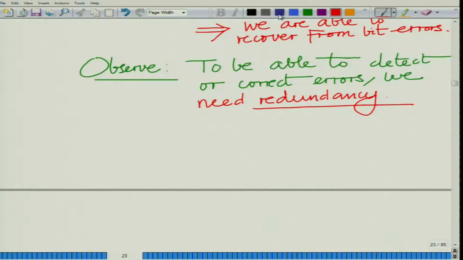For instance, we are taking the bit 1, and we are repeating it 3 times.